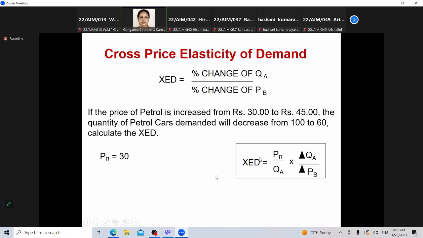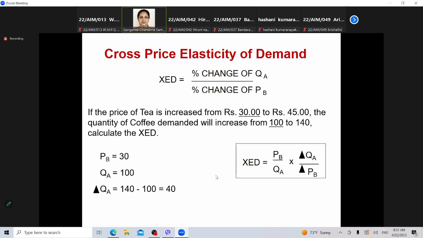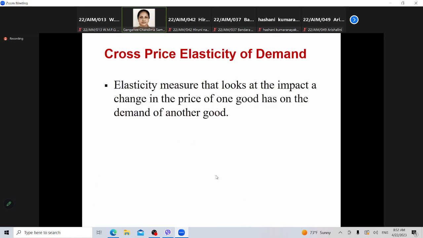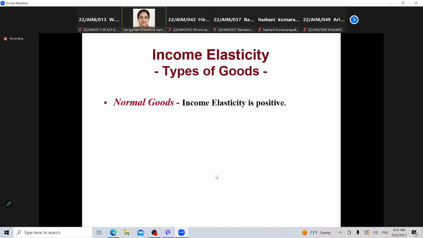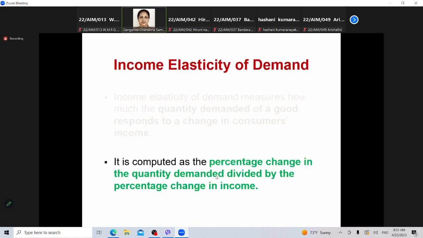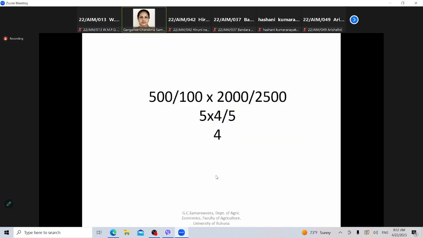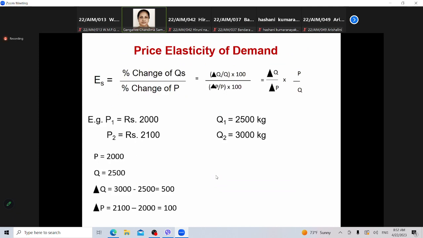This cross price. Okay, price elasticity of demand. See, change of Q, change of P multiplied by P divided by Q. Perhaps your all answers are correct.